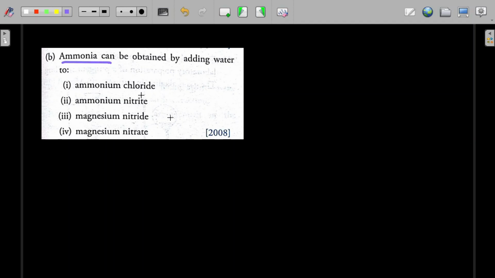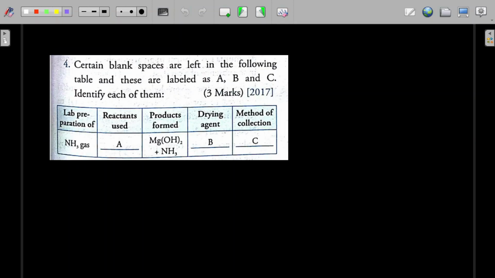Ammonia can be obtained by adding water to, this time it is nitride you have to select. Okay. Reactants used, products formed, drying agent, method of collection. This is based on the products. If you see, you have to use the reactants as the respective metal nitride, Mg3N2, and warm water.